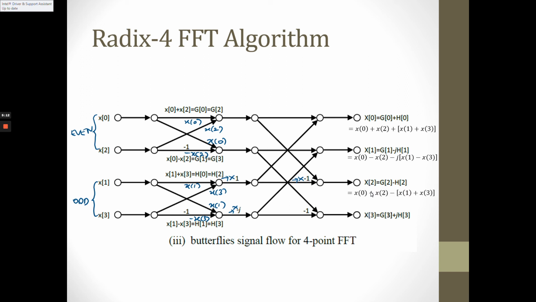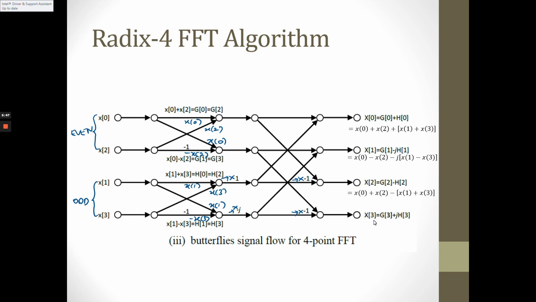So at this point, multiplied with x1 plus x3, it is also contributed by this line, which is x0 plus x2, minus, because of -1 multiplied with this signal, x1 plus x3. The next one, this signal will be multiplied with -1.